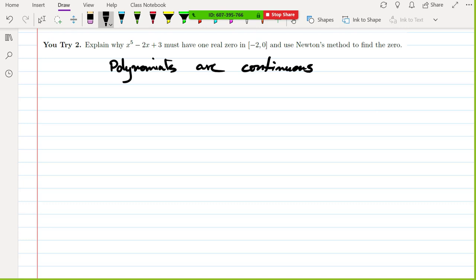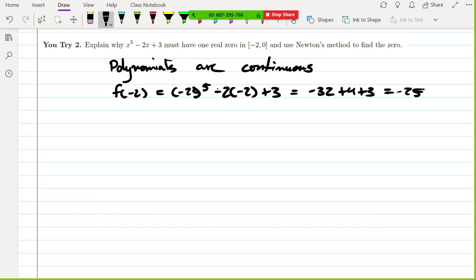And if we check, f of negative 2 would be negative 2 to the fifth minus 2 times negative 2 plus 3 gives us negative 32 plus 4 plus 3, which is negative 25. And f of 0 would be 0 to the fifth minus 2 times 0 plus 3, which would give us positive 3.